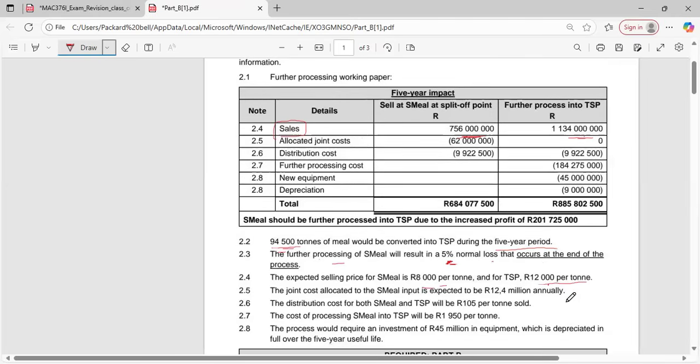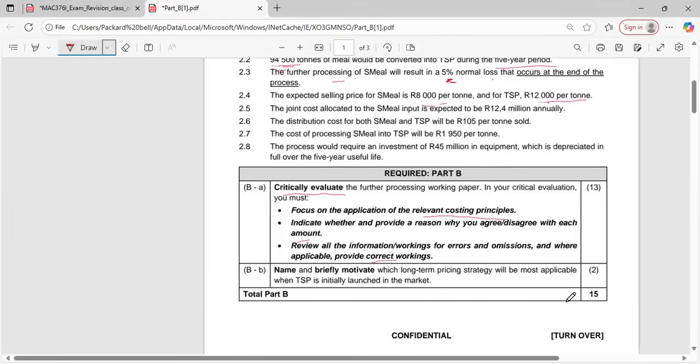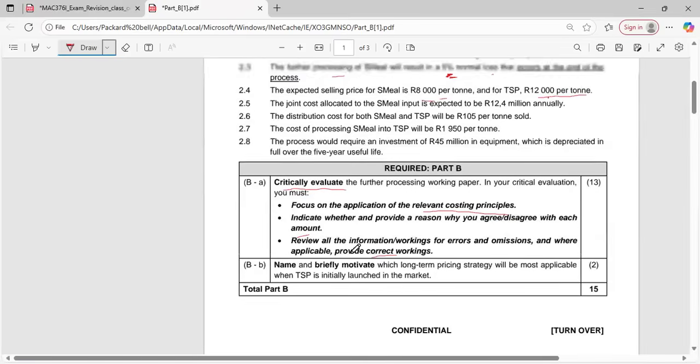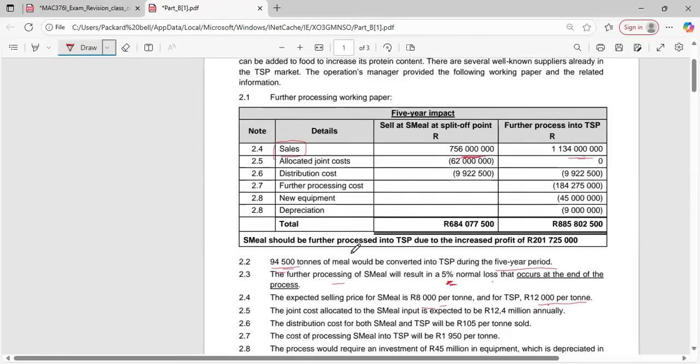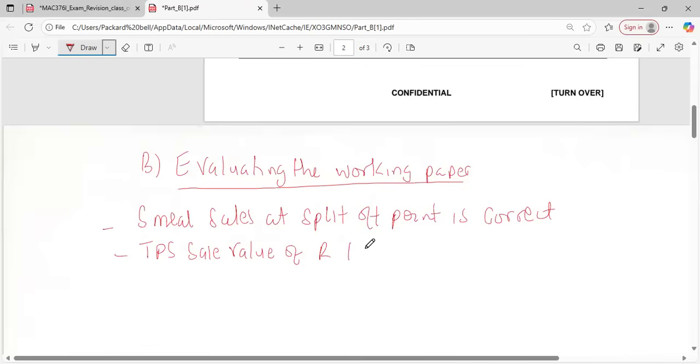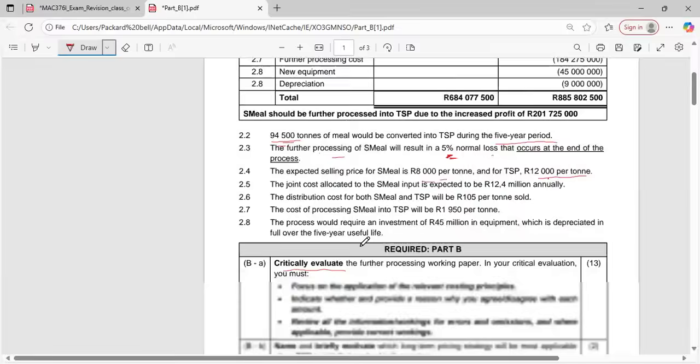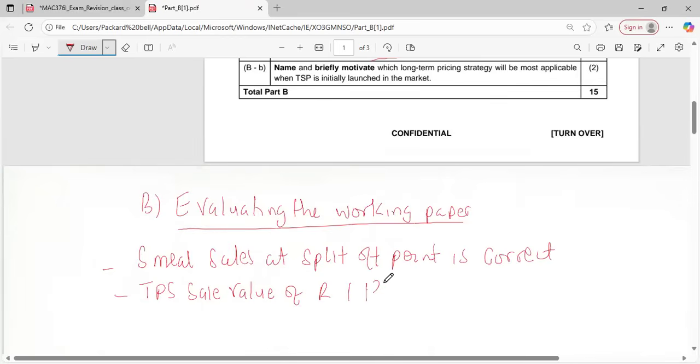So what you do now is, 1,134,000. You come here at your B at your sales for TPS and say TPS sales value of 1,134,000 is incorrect.